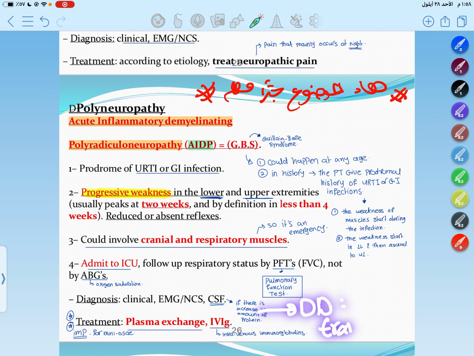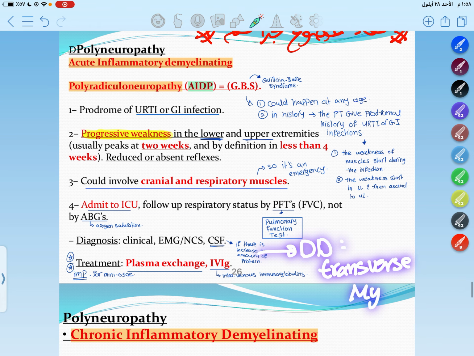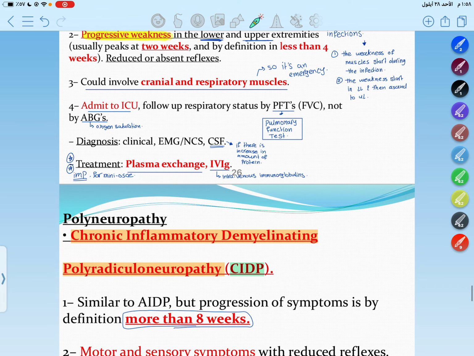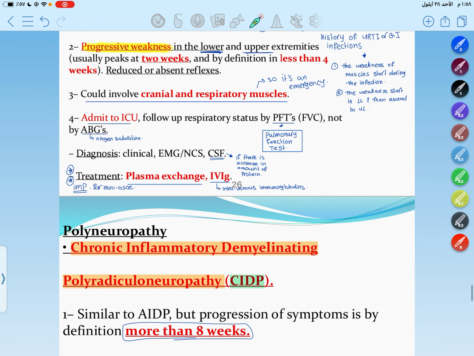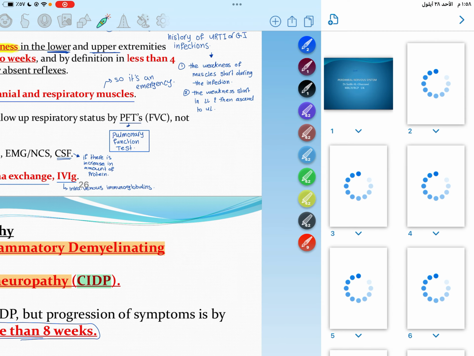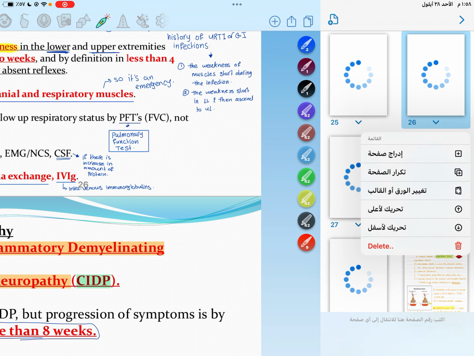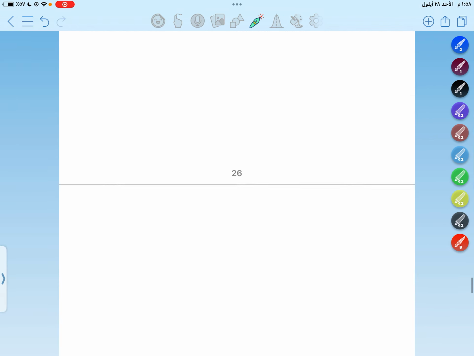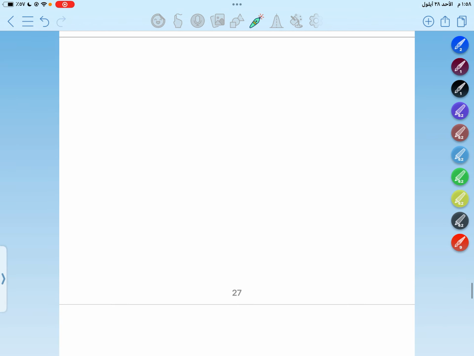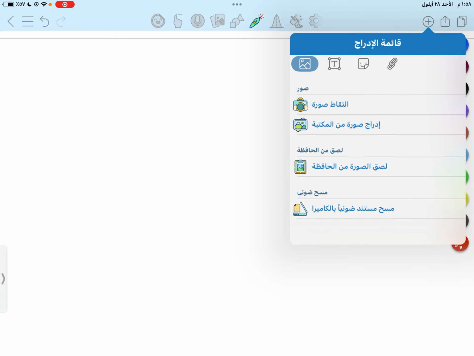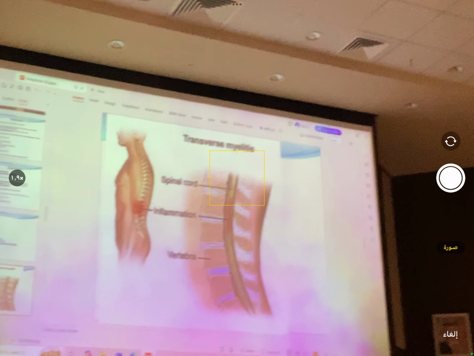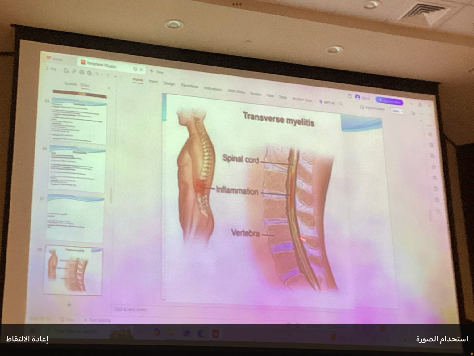IVIG is available, and plasma exchange. Transverse myelitis could be called inflammation of the spinal cord at a certain level, and could be due to many causes like idiopathic, systemic inflammation, autoimmune, or sometimes multiple sclerosis. So this is the spinal cord, and part of the spinal cord is inflamed.